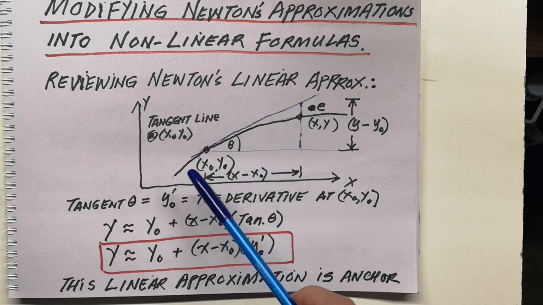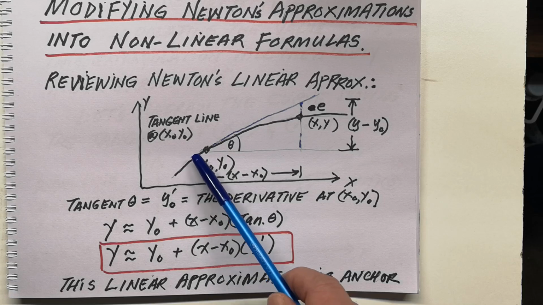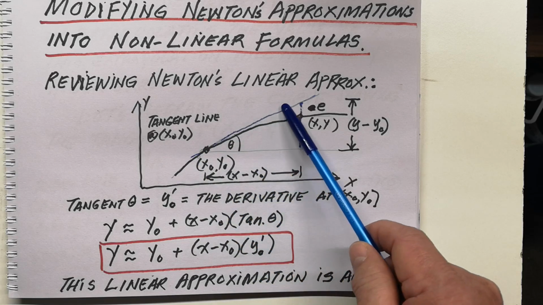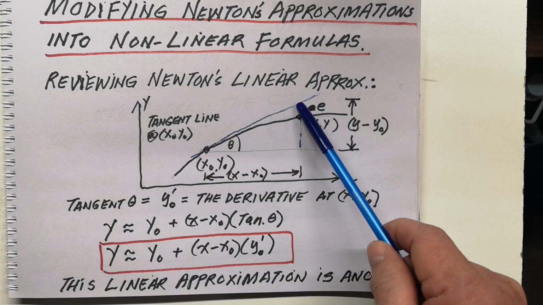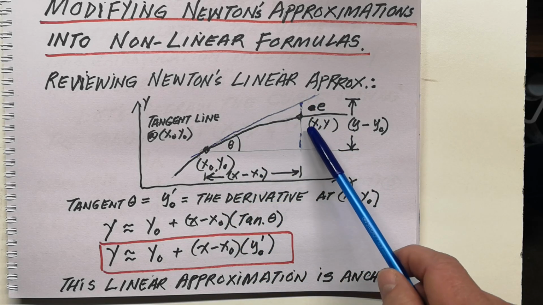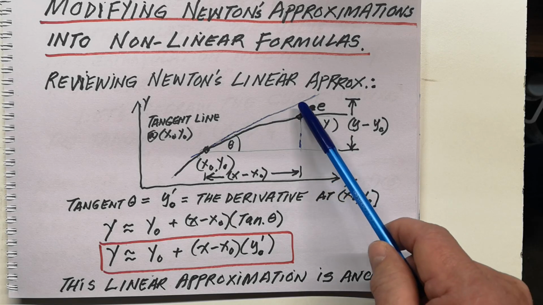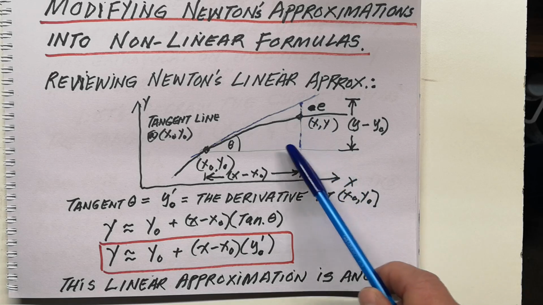From Newton's linear approximation, usually what we do is we draw a tangent line from point A, and it will hit the vertical line at x. And this is now approximated by this triangle.